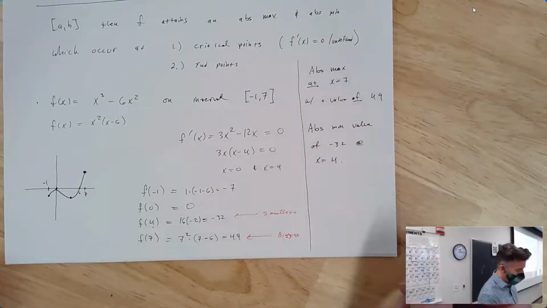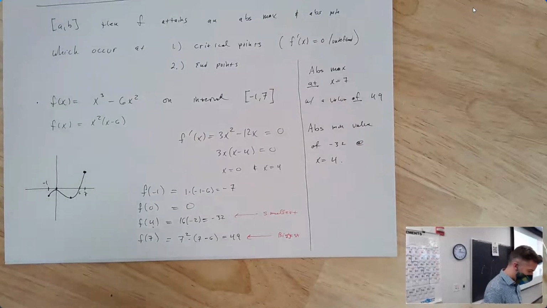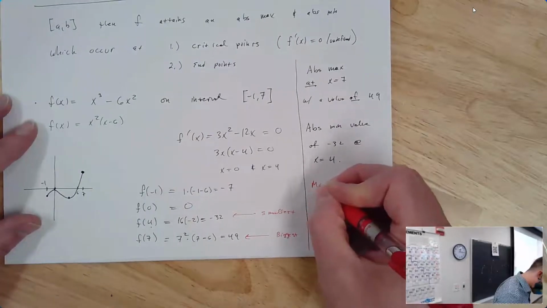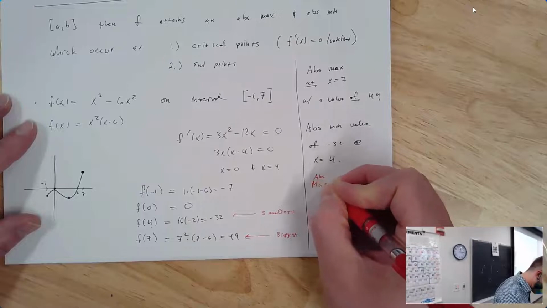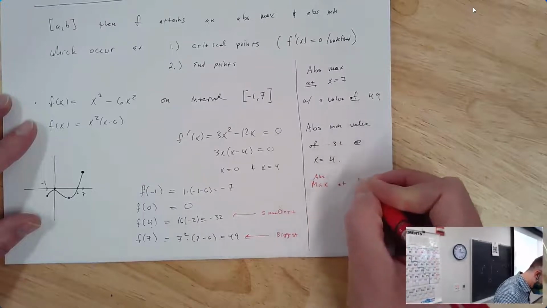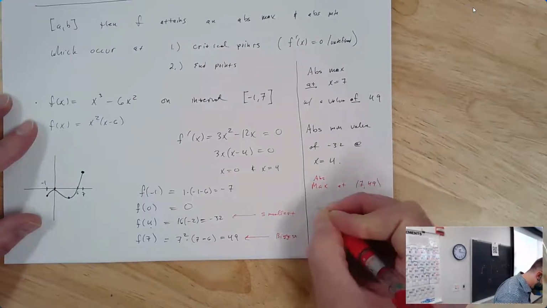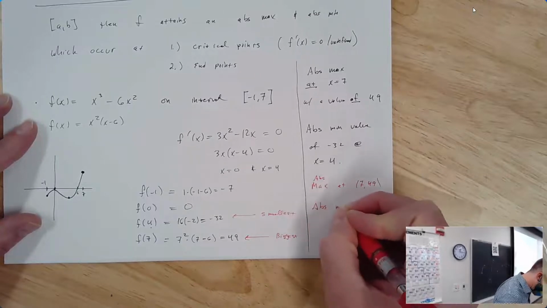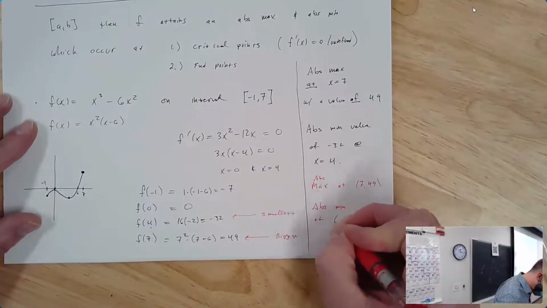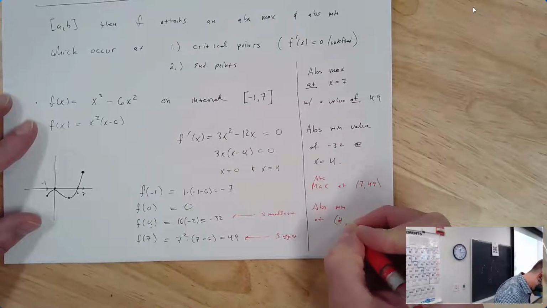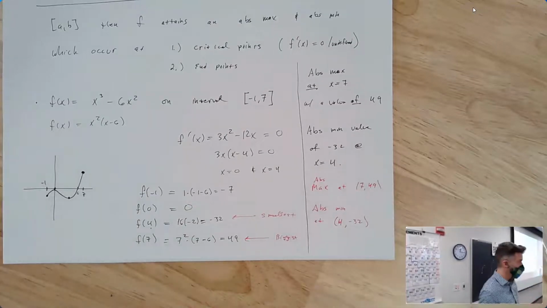You could also say we have an absolute maximum at the point 7, 49. You have an absolute minimum at the point 4, negative 32. That's probably the safest way to say it, because it's like, here's everything I've got.